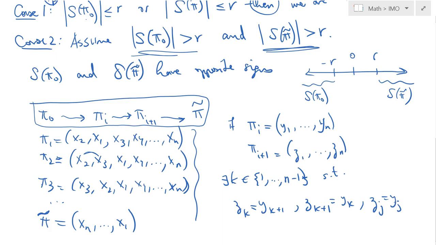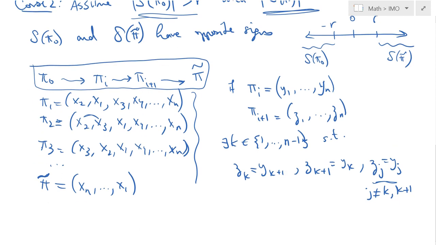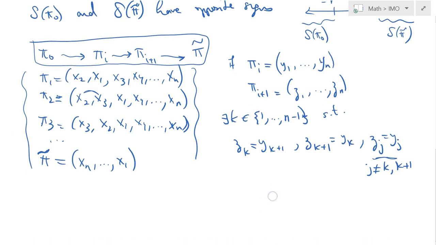Only two of the terms are switched, the neighboring terms, and the rest of the terms of the two successive permutations remain the same for j not equal to k or k plus 1. This would be a formal way to describe what we had in mind here. But now notice the difference between this term here, s of pi I plus 1 minus s of pi I.